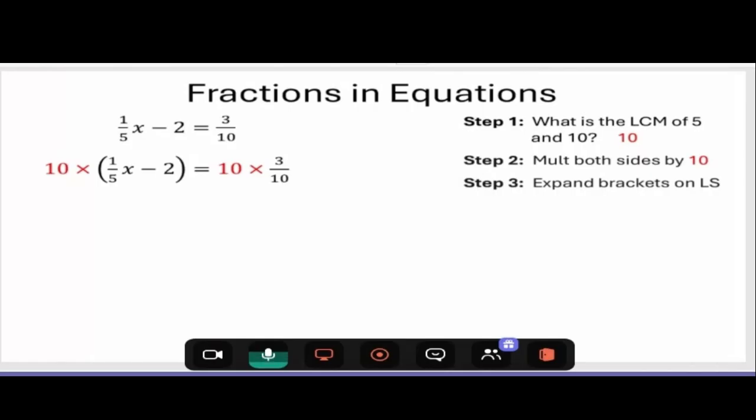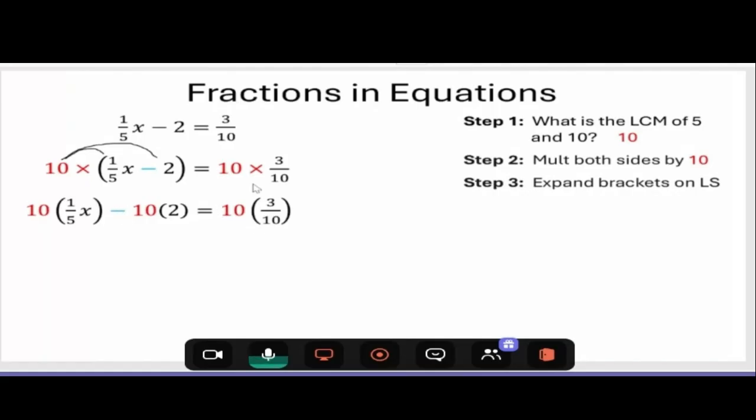Step 3, if there's any brackets to work out, then we expand them. So you see on the right, there's just a single thing there, right? So it's just going to be multiplied. But on the left, we do have a bracket for that 10 to multiply through. So the minus sign is going to stay a minus sign. We're going to have 10 times a fifth x, 10 times 2, with the minus sign in between them.